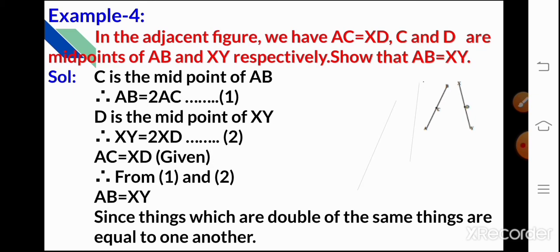It is given that AC equals XD from the question. It means AC and XD are the same things. Therefore, from 1 and 2, we can say AB equals XY, since things which are double of the same things are equal to one another. So it is proved.